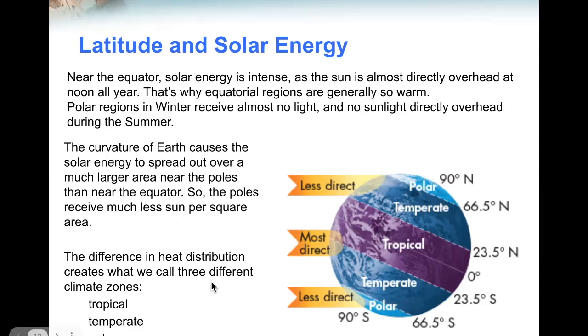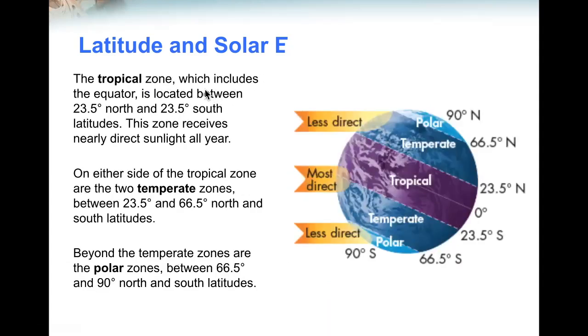The difference in heat distribution creates what are called three different climate zones: tropical, temperate, and polar. The tropical zone, which includes the equator, is located between 23.5 degrees north and 23.5 degrees south latitude. This zone receives nearly direct sunlight all year.